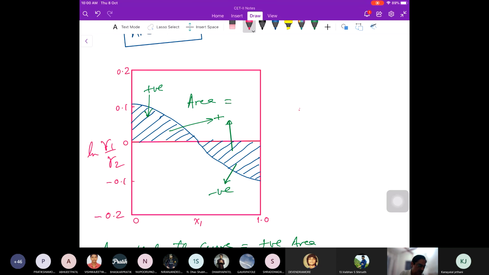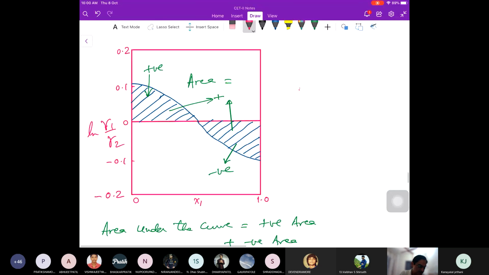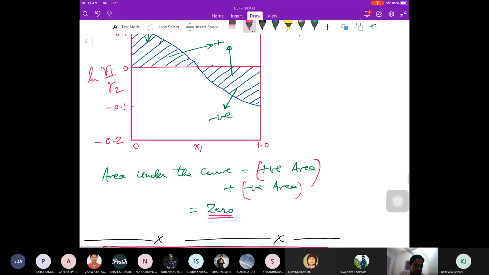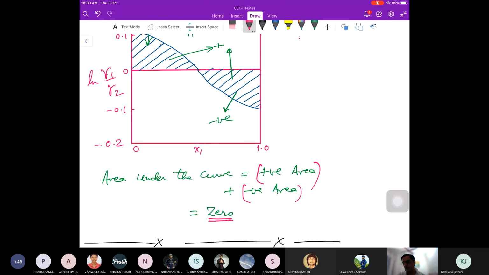And if this positive and this negative are the same, then total area is equal to 0. Area under the curve is equal to positive area plus negative area, and this should be equal to 0 for consistency. Any questions on these methods?